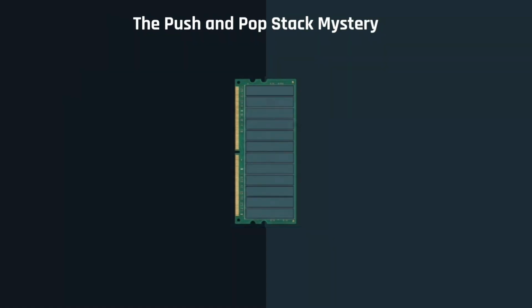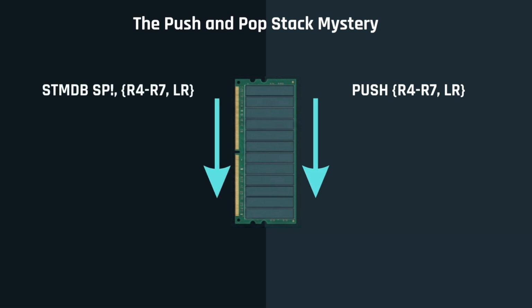Now you might wonder, if Thumb-1 supports only store multiple increment after, then how does this instruction work? That is, push followed by register R4 to R7 and link register. In ARM state, pushing registers onto the stack is typically done using store multiple decrement before, but Thumb-1 does not support the general store multiple decrement before instruction.